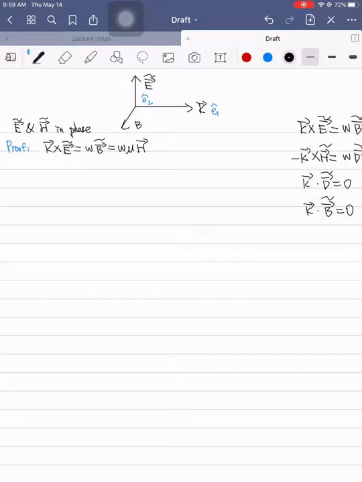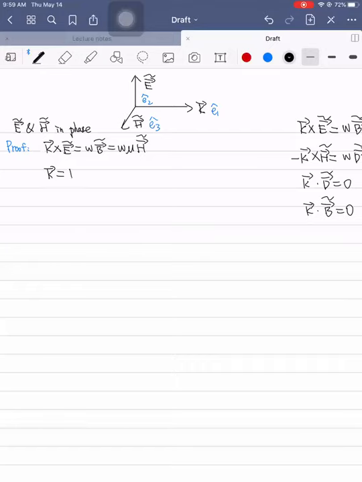And this is H, its directional vector is e3. Okay, so now I can write K, E, and H as follows.